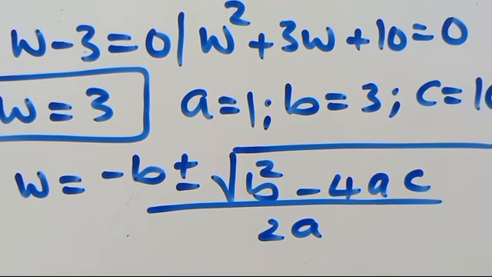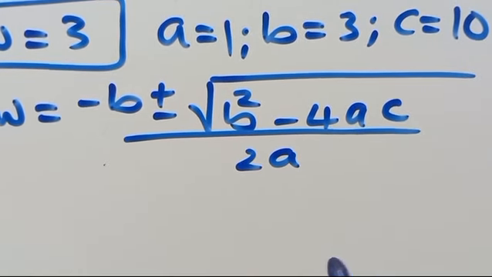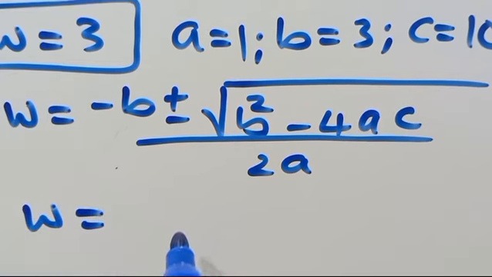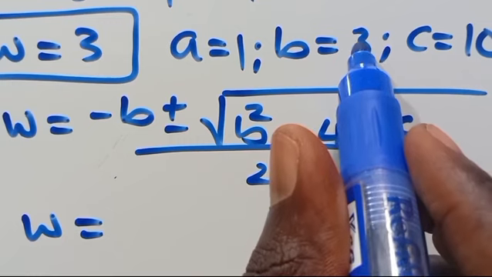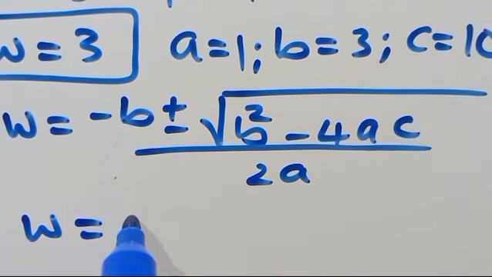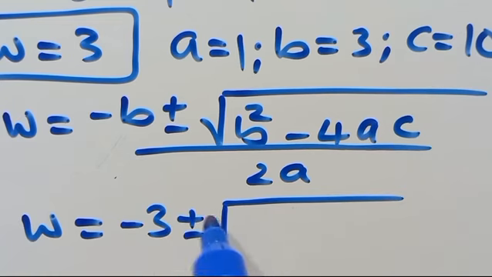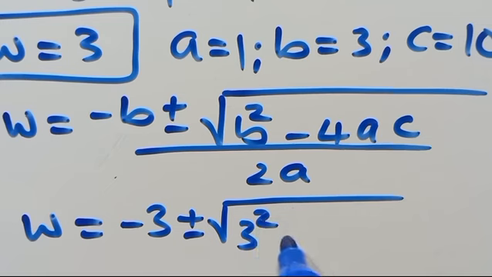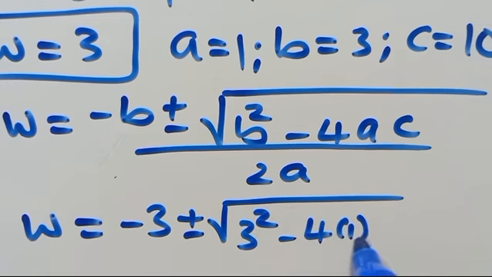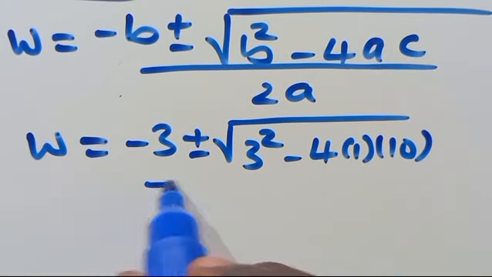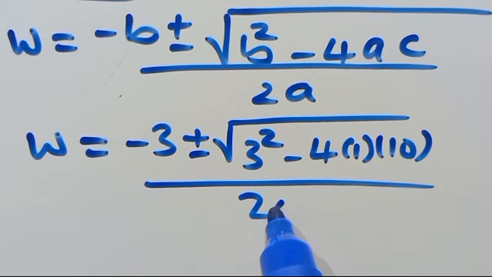Now, when we substitute all this here, W equals minus B, and B is 3, so here will be minus 3, positive or negative, square root of 3 square, which is 9, minus 4 times A, 1, times C, 10, over 2 times 1.